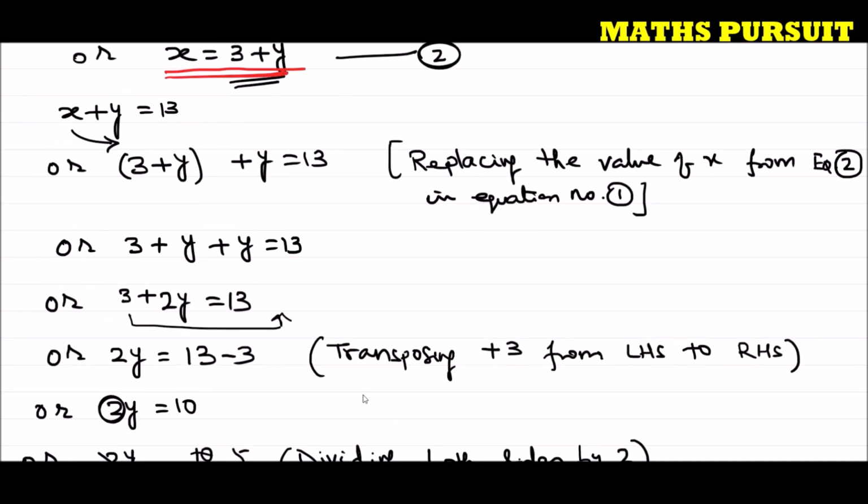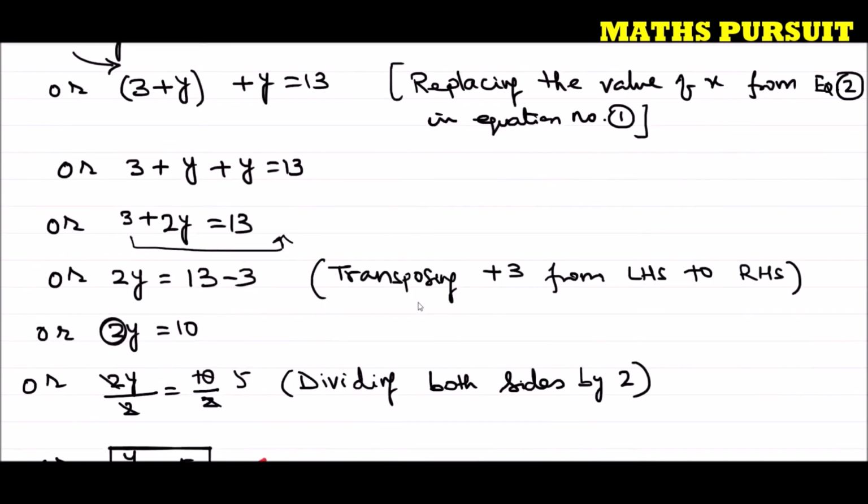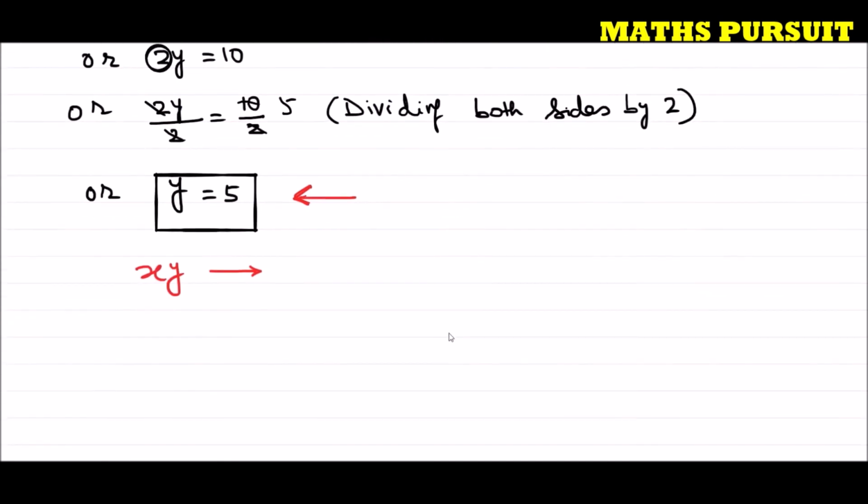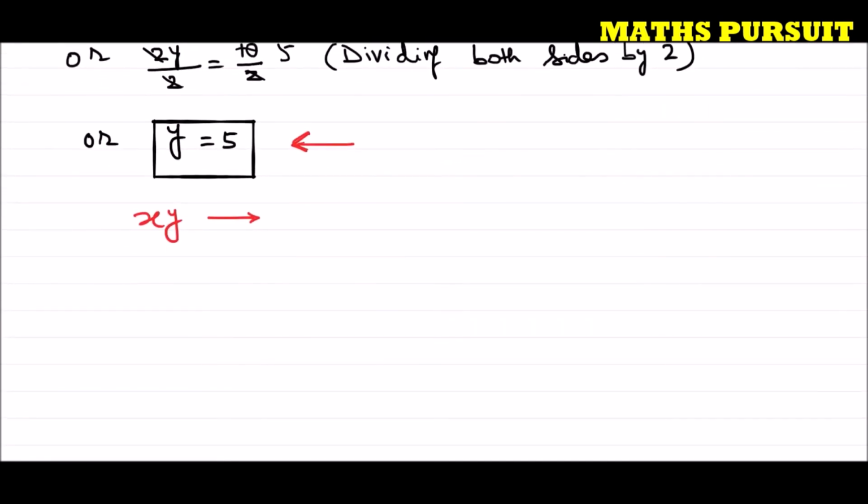So let us replace the value of y in equation number 2 now. As per equation number 2, x is equal to 3 plus y. Now let me replace the value of y: x is equal to 3 plus 5.